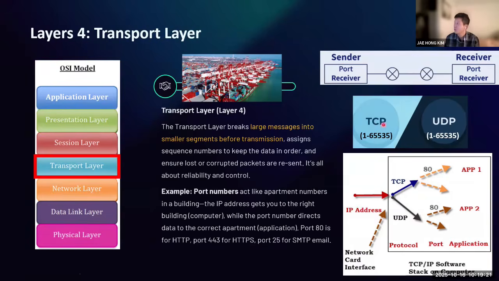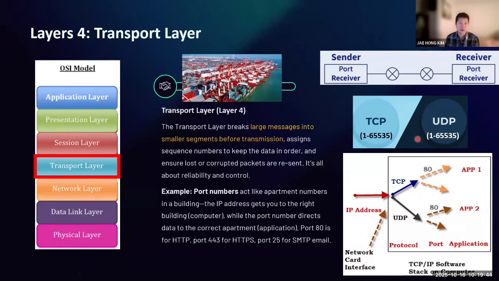So there are TCP protocols and UDP protocols. Another keyword in the transport layer is port numbers. Each TCP has a port number from 1 to 65535, and UDP is the same, from 1 to 65535.